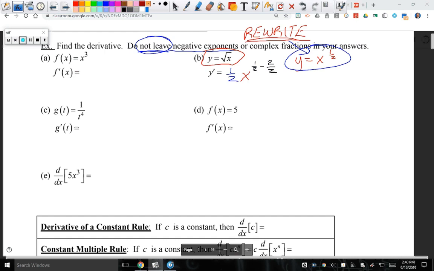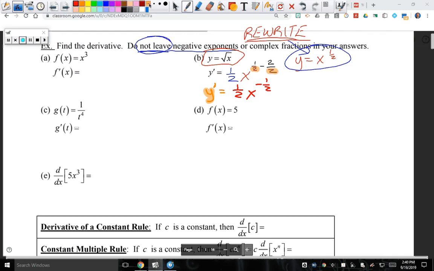So n is 1/2, minus 1 would be minus 2 over 2. Notice how immediately I gravitated toward the common denominator because I'm working with fractions. So we get y prime is equal to 1/2 x to the negative 1/2.